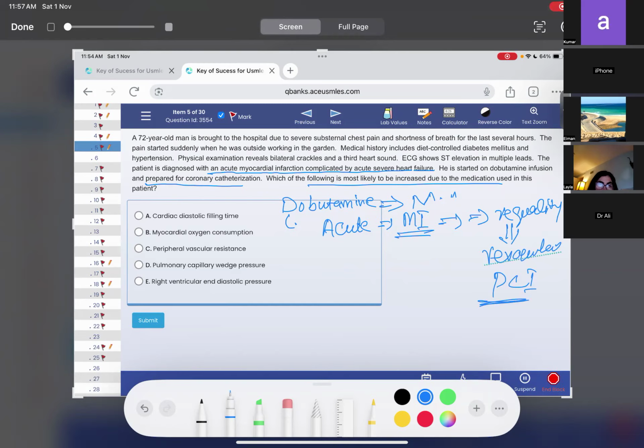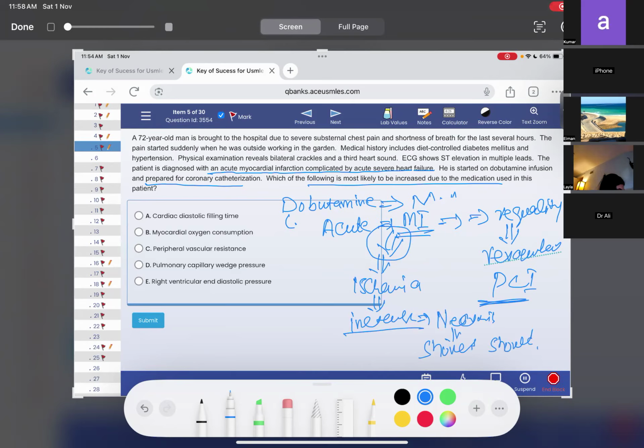So the first thing we do is increase the oxygen supply to that place, so the ischemia will not increase that much, and necrosis should not occur there. Due to this, we give the patient dobutamine, so that the myocardial infarction does not progress further.